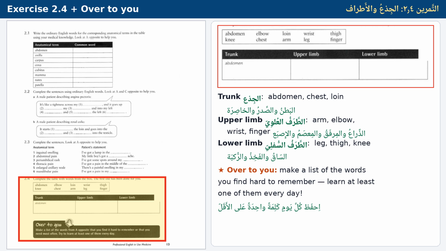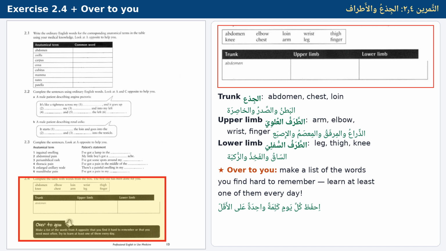In the upper limb, we put arm, elbow, wrist, and finger. And in the lower limb, we put leg, thigh, and knee. Excellent work.